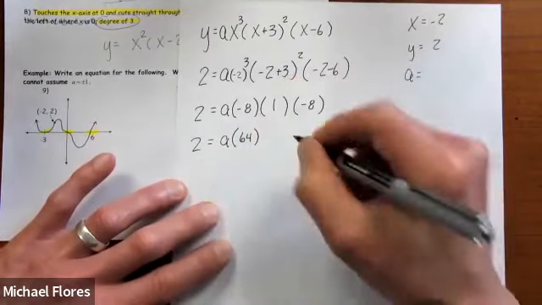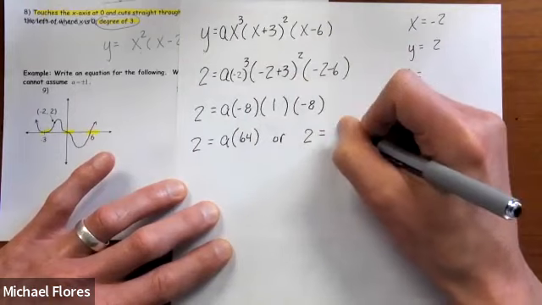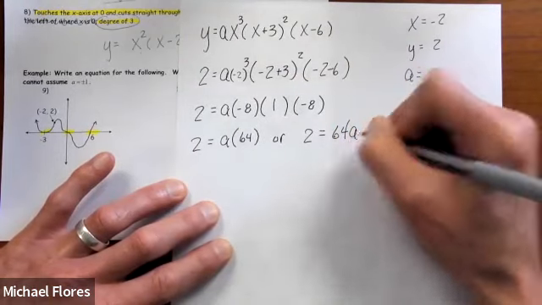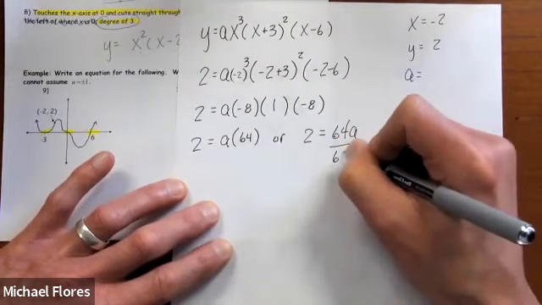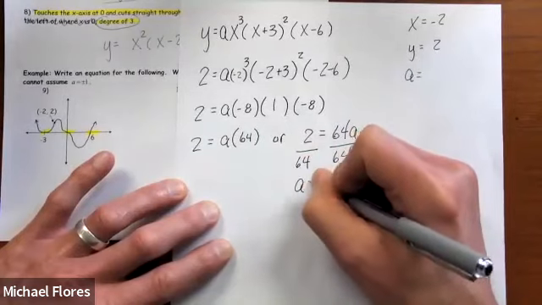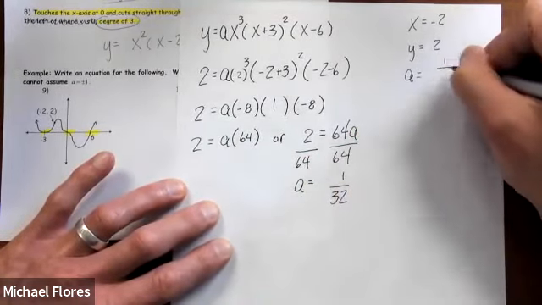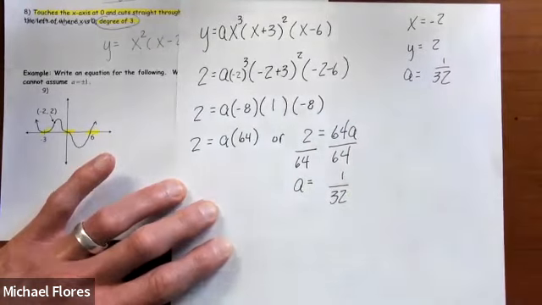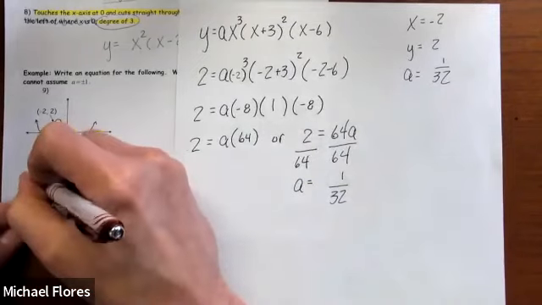Now, another way of writing this, and what you're more familiar with, would be 2 equals 64a. This is a times 64 or 64a. So now we can divide both sides by 64. A equals 1/32. That's our a value. So now we can write our final answer, which would be this.